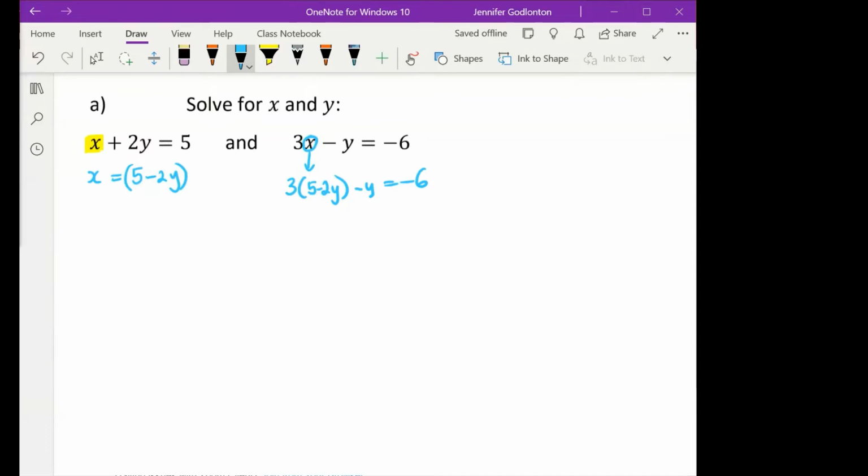You should be getting a nice, beautiful number for y. So I'm just going to tell you that y is equal to 3. If you're not getting y is equal to 3, something has gone wrong somewhere, and maybe try and have a re-look at how things went. But you should get a nice number for y.